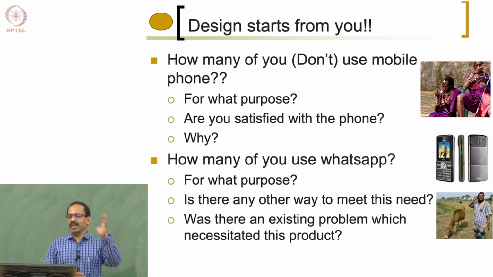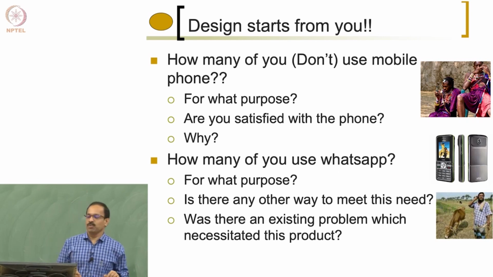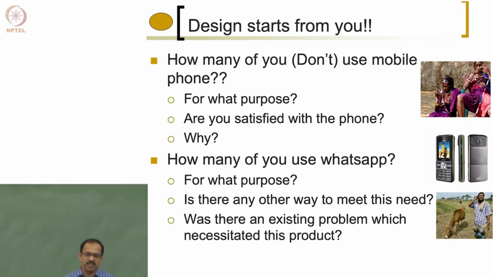Some people are saying that, okay, I'm happy with my phone. Some people are saying I'm not happy with my phone. So those who are saying they are happy with the phone and those who are saying they are not happy with the phone are both actually contributing to the new development. Somebody who says I'm happy with the phone doesn't know what is going to come in the next generation of phones.